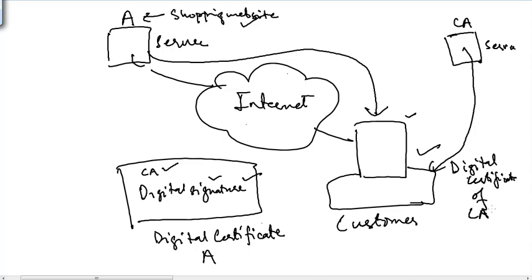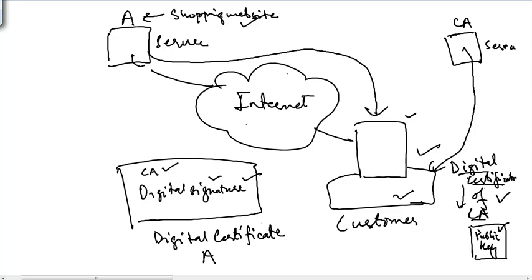of the certification authority. And in this digital certificate of the CA, there is going to be a public key. That data item is part of the digital certificate, right? So this customer downloaded the digital certificate of the certification authority.